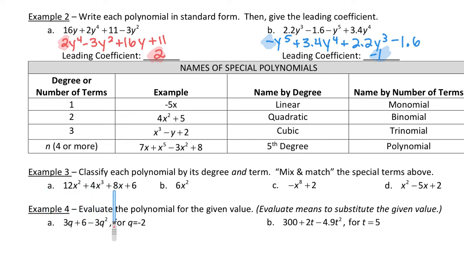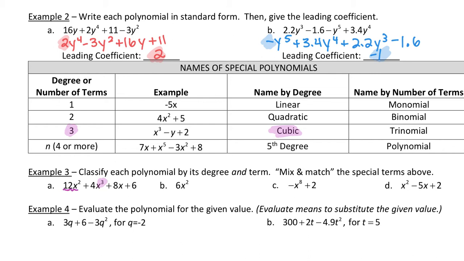Let's look at example A first. So the first thing we want to do is determine our highest degree. My highest degree here is the 3. So if I go to my table, here's 3, and my degree word for that would be the word cubic.